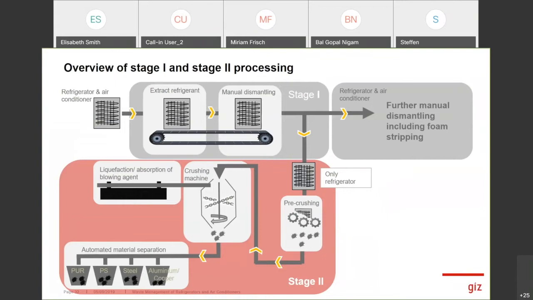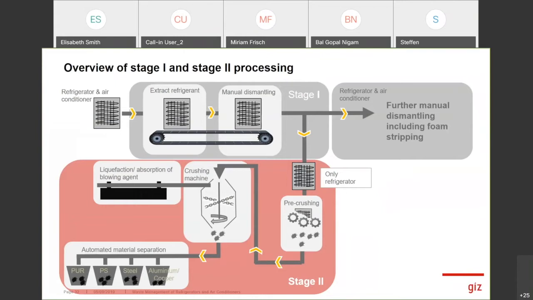And the red area is stage 2 and stage 2 only. It is the pre-crushing process of the appliances.